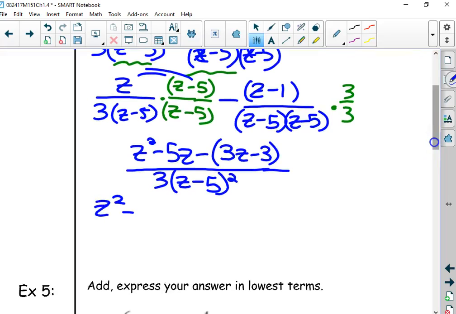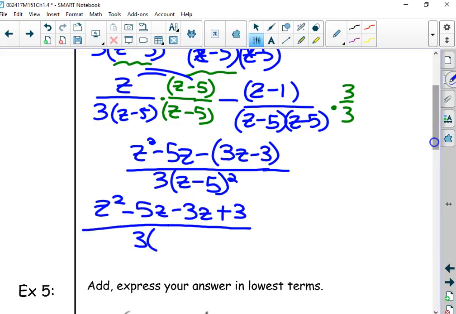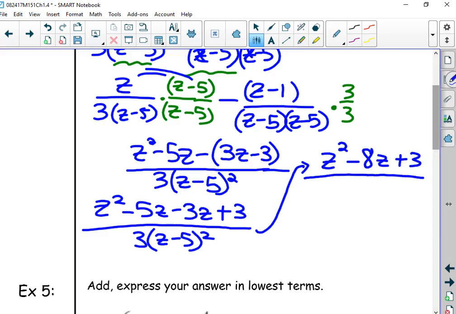So z squared minus 5z minus 3z plus 3 all over 3 times z minus 5 squared. A little more room. In the numerator, I get z squared minus 8z plus 3 over 3 times z minus 5 squared.